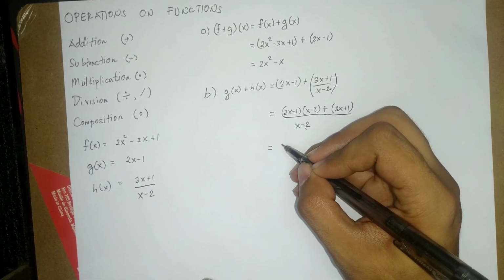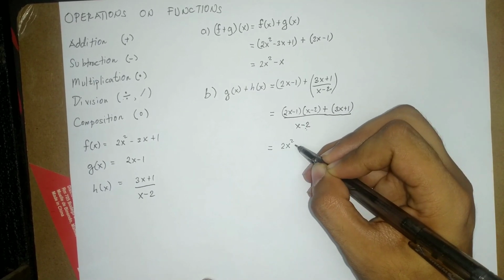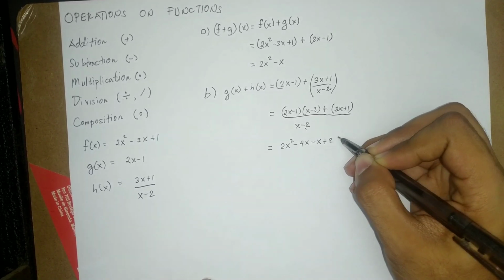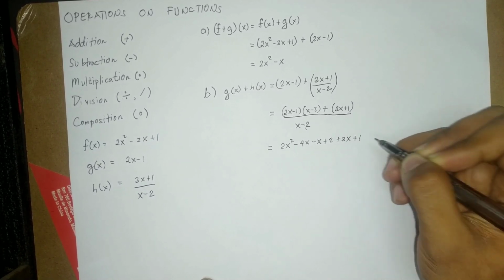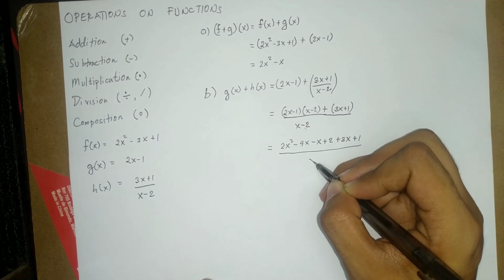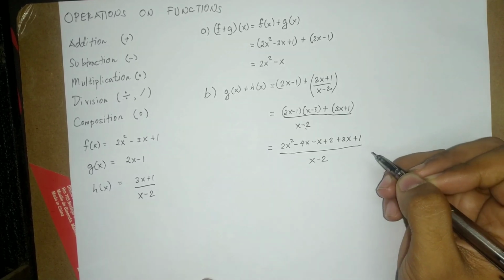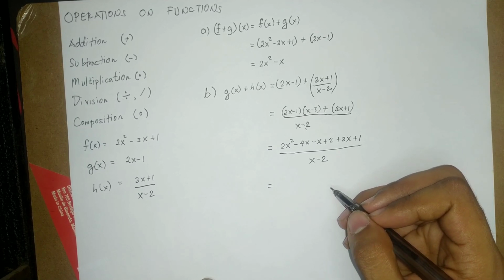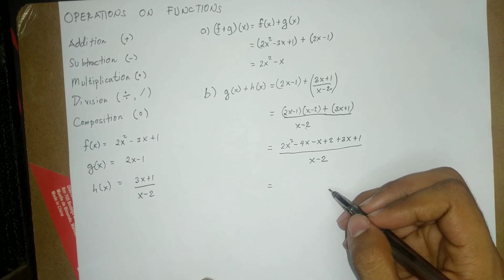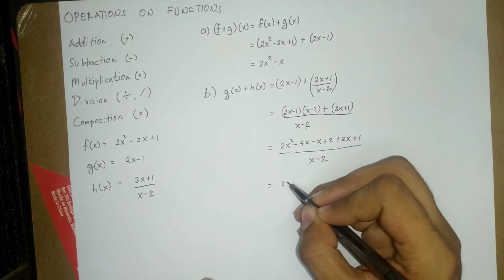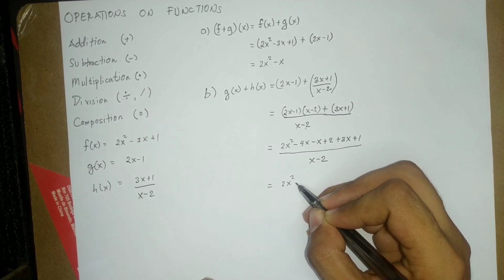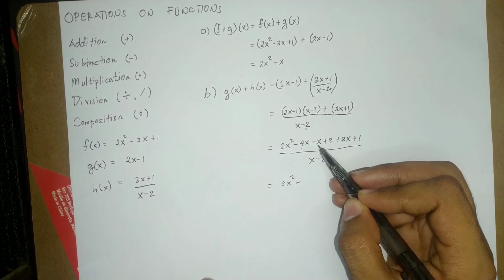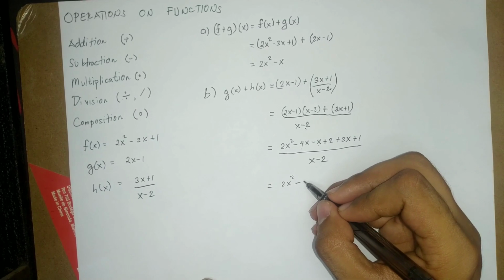Use the FOIL method. So that is 2x squared minus 4x minus x plus 2 plus 3x plus 1 all over x minus 2. This gives us 2x squared minus 4x minus x, that gives us minus 5, plus 3, that gives us minus 2.